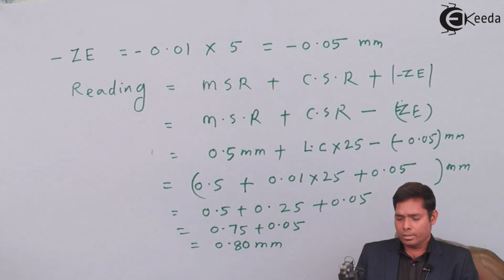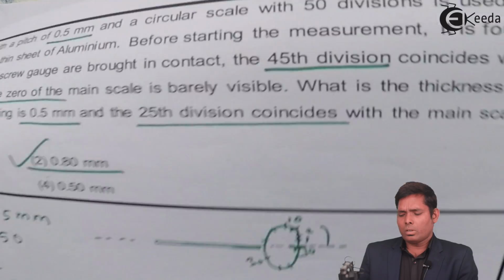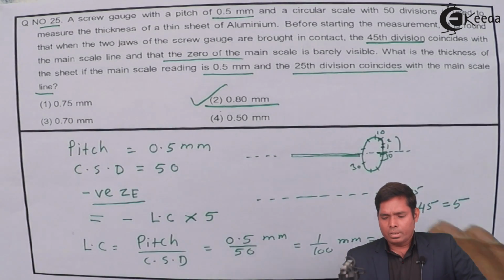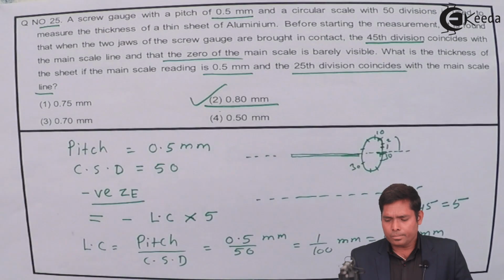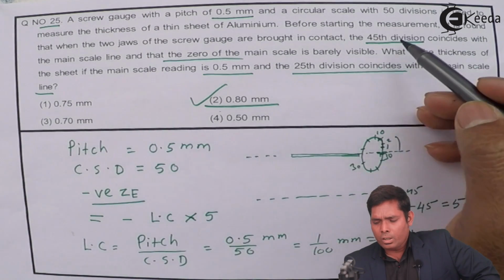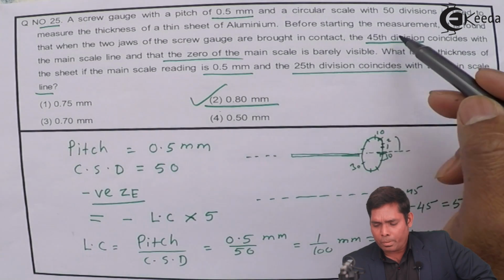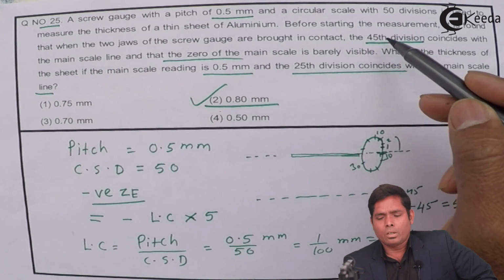You can also check that if the number of divisions is something else, you always have to take it from the total.